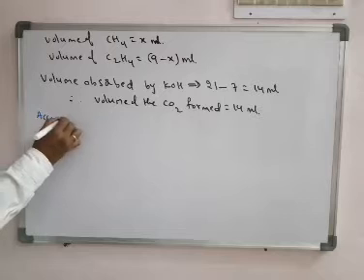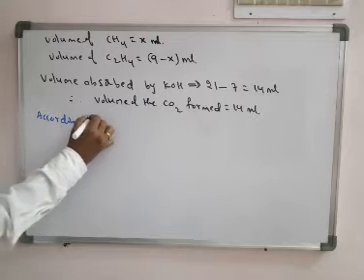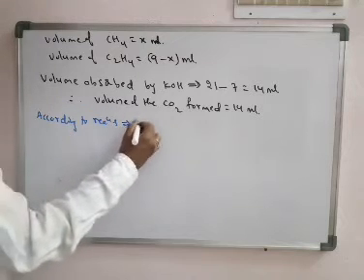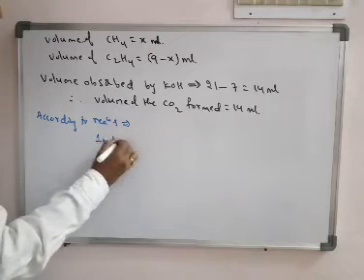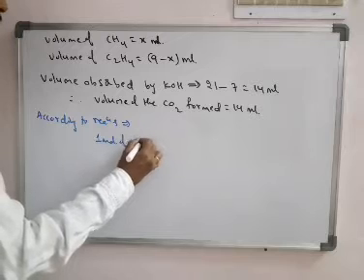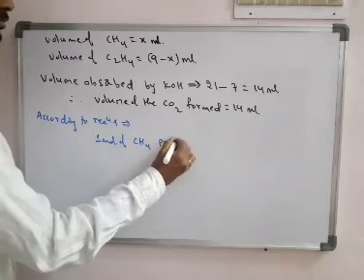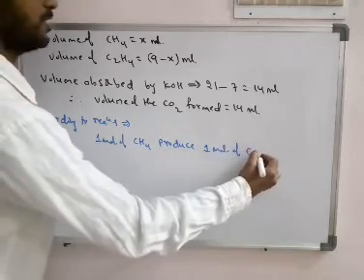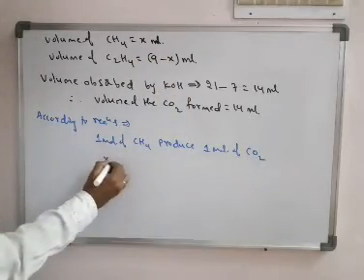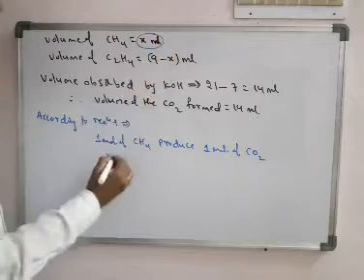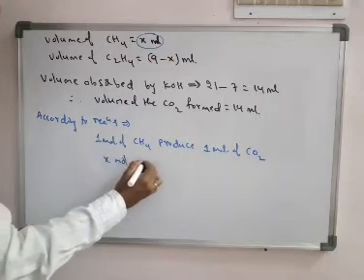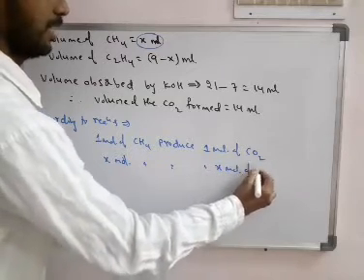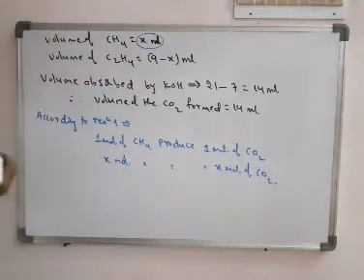According to the reaction, 1 mole of methane produces 1 mole of CO2. Here we took the milliliter as X moles, so X moles of methane produces X moles of CO2.